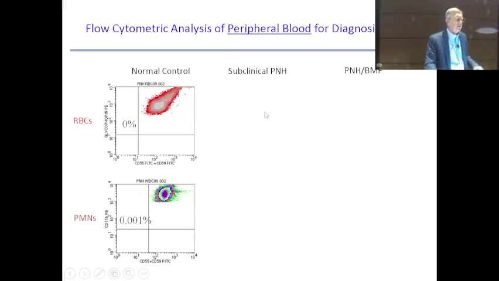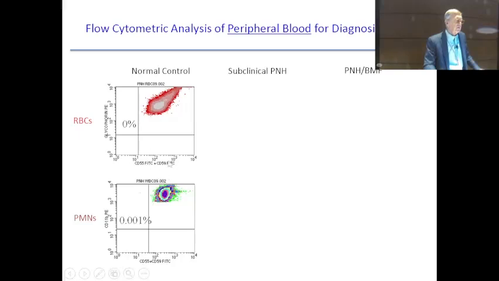If you saw Dr. Tantravahi's talk, you saw this illustrated in these flow cytometry histograms. So this is a normal control. On this axis, we're identifying red blood cells based on expression of this protein called glycophorin.